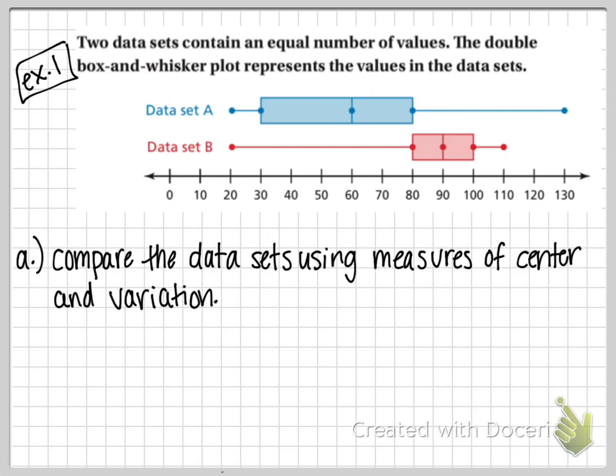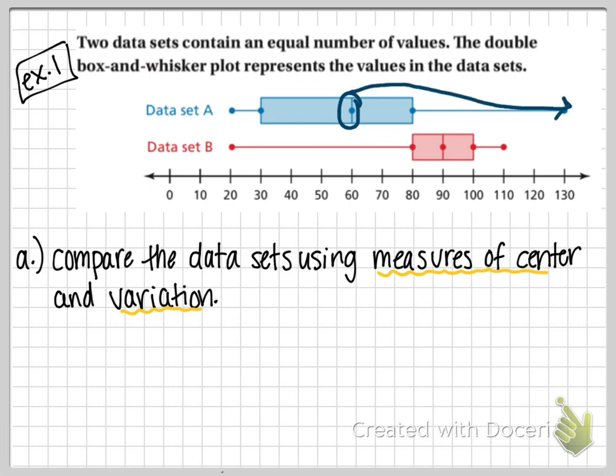Here's what it's going to ask us. It says compare the data set using measures of center and variation. So it doesn't tell you which one you're going to use. We have to use the idea that the characteristics of the distribution guide us toward which ones to use. So let's look at the data. First of all, if we look at set A, we see our median here, and we see the data going this way. The tail is going this way.